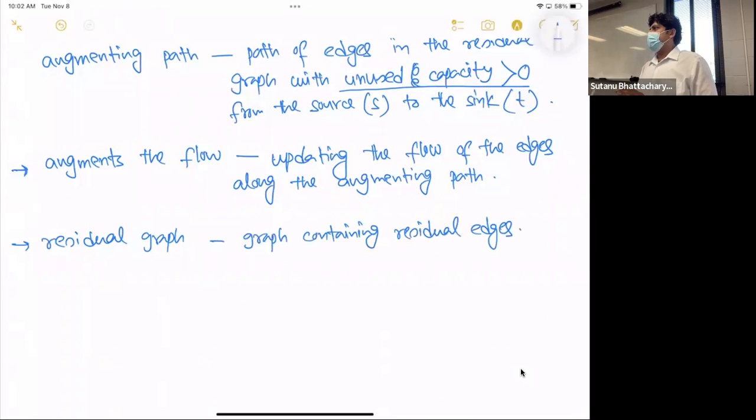Now, residual edges means, what is the meaning of residual or residue in English? Leftover, remaining. So when you consider one path, you need to check the remaining capacity, right? So the residual graph will consider the remaining leftover capacity.